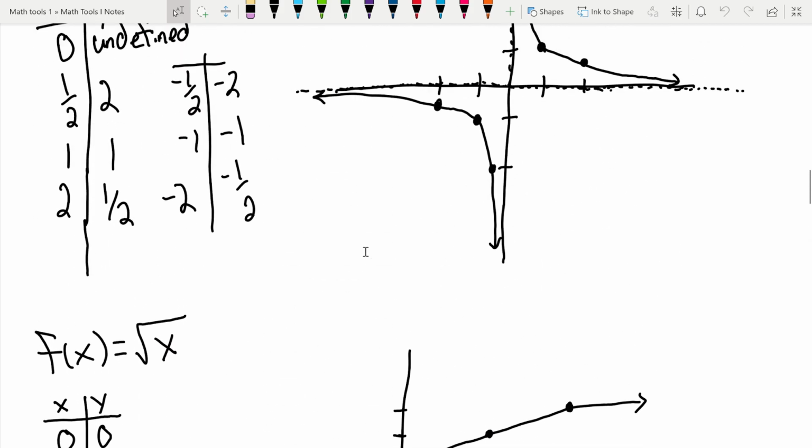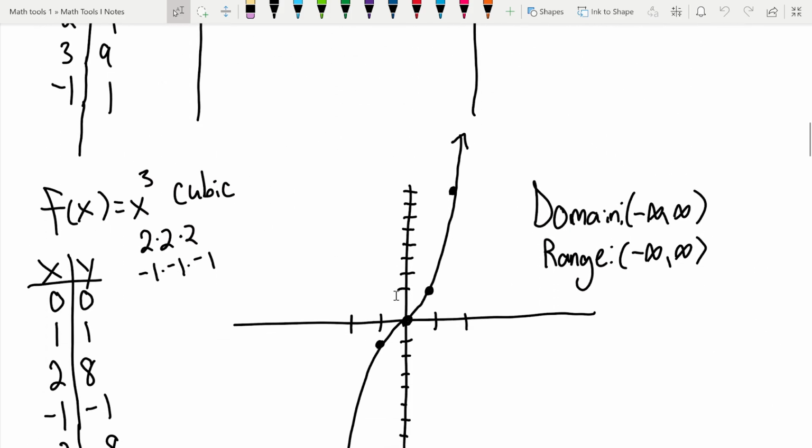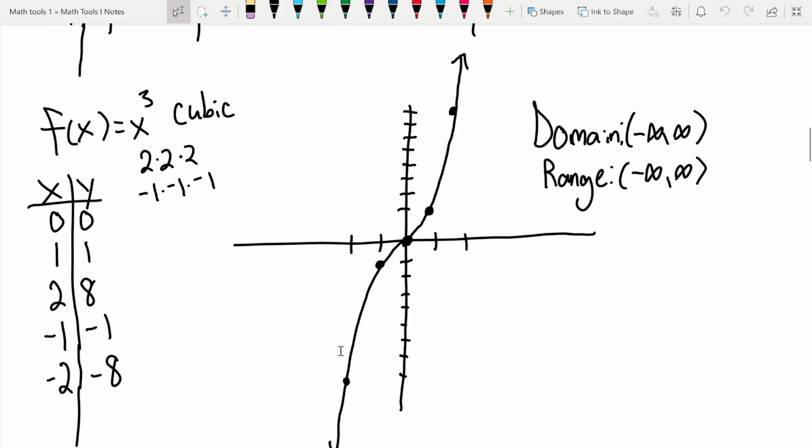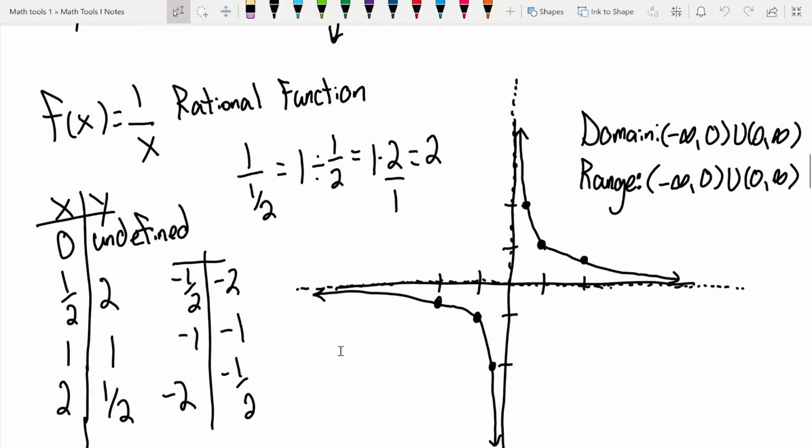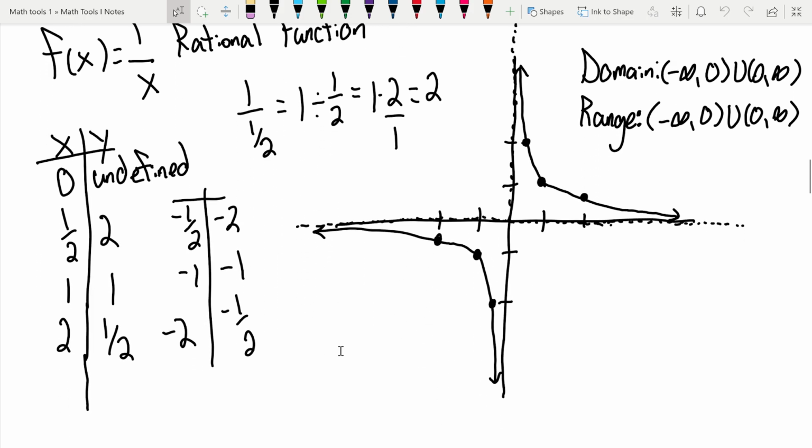It's the reflected version of this x cubed graph, specifically reflected over the line y equals x. The rational function, if you reflect this over the line y equals x, it's going to stay exactly the same because it's its own inverse. That's a neat property here.